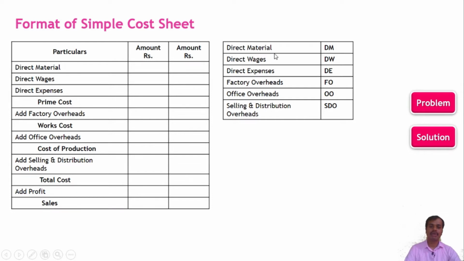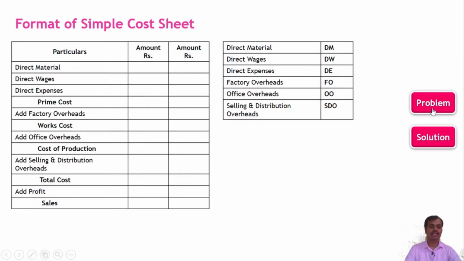How will we bifurcate it? We simply denote the short forms of these heads. Direct material is DM, direct wages is DW, direct expenses is DE, factory overheads is FO, office overheads is OO, and selling and distribution overheads is SDO.